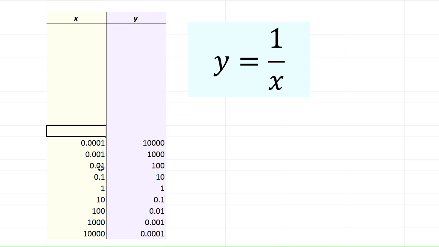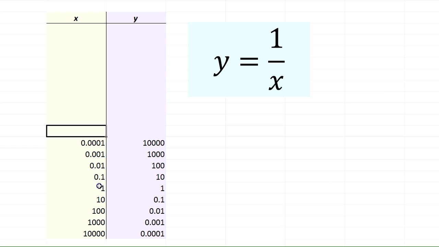All right. So we've gone two directions from 1 here. We've gone bigger and bigger numbers, and we've gone smaller and smaller numbers, heading away from 0 and heading towards 0. Now look at what the y values do here. As you increase x, make it larger and larger, the values of y get smaller and smaller. They approach 0.